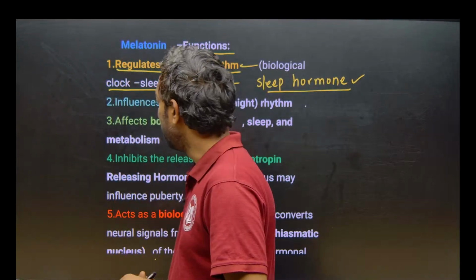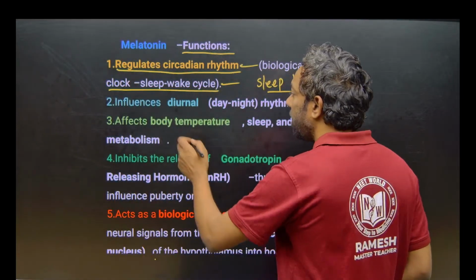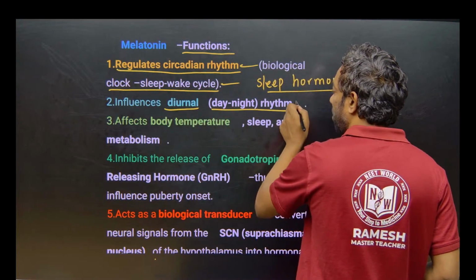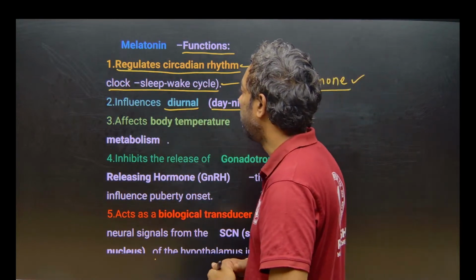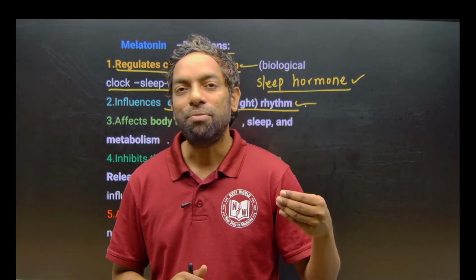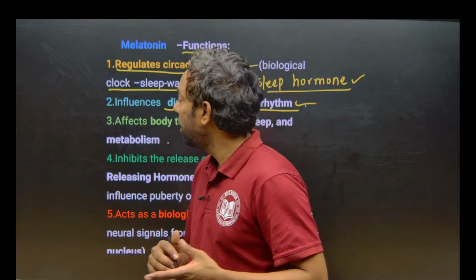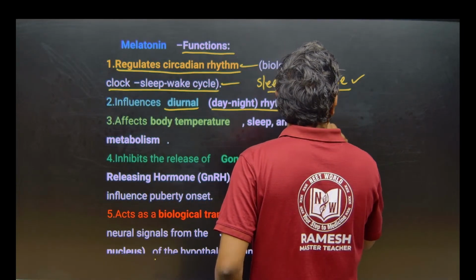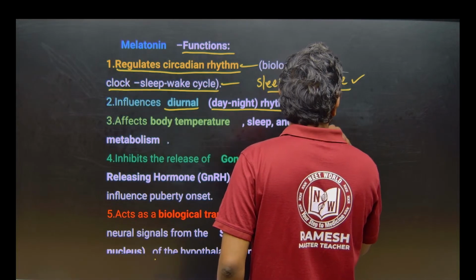I will explain it. Circadian rhythm influences the diurnal, meaning day and night, rhythm. It regulates the biological clock.